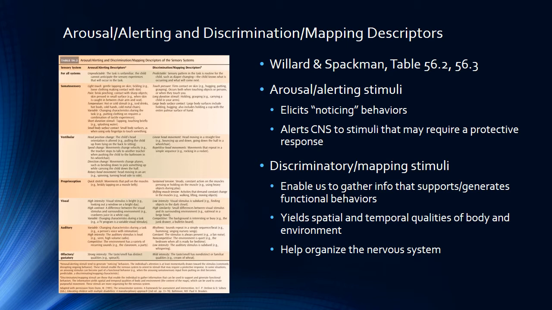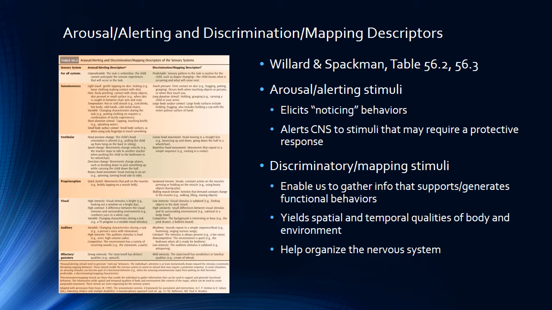In Willard and Spackman, table 56.2 and 56.3 talks about how we can look at our sensory systems as either being arousing and alerting stimuli or discriminatory and mapping stimuli. Okay, so this is important for you to look at and kind of understand. The basic difference is that a stimulus that is an arousal and alerting stimulus makes us notice it.